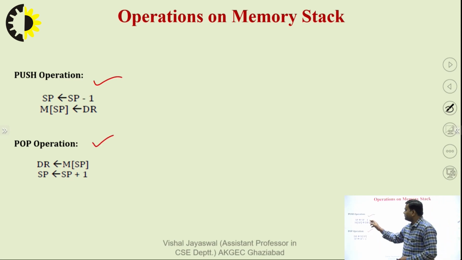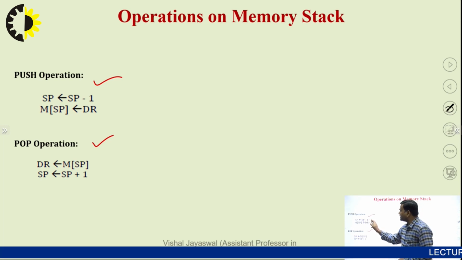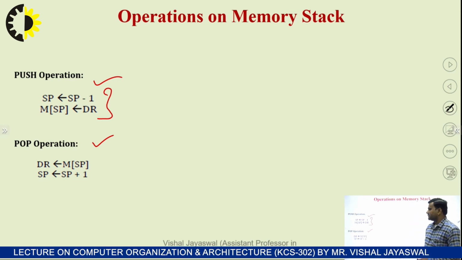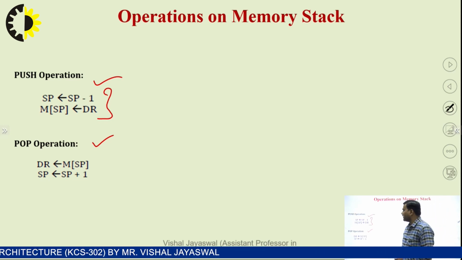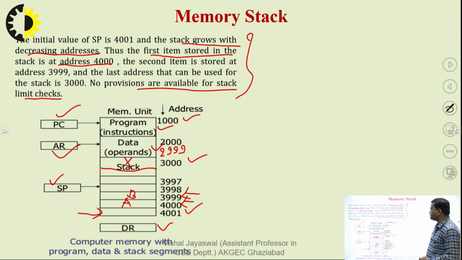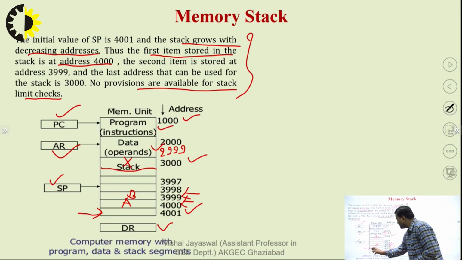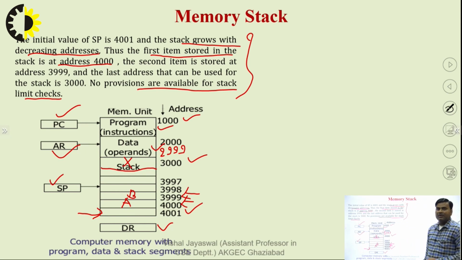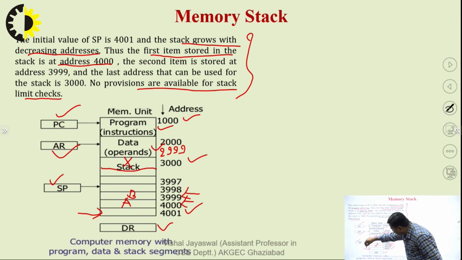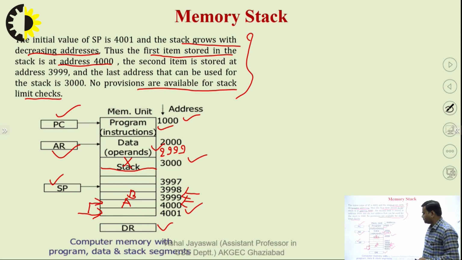Let's talk about the push operation. The first step of the push operation is decrementing the value of the stack pointer register, meaning SP minus 1. Initially our stack pointer is pointing at location 4001, and we decrement the value of the stack pointer register, so it goes from 4001 to 4000.